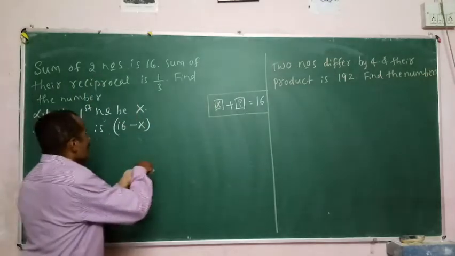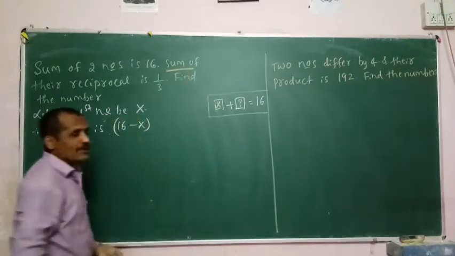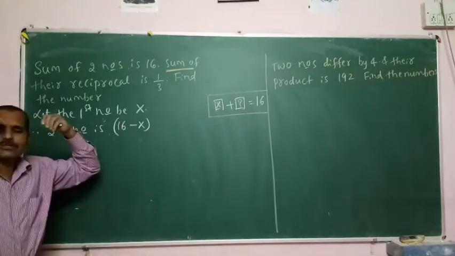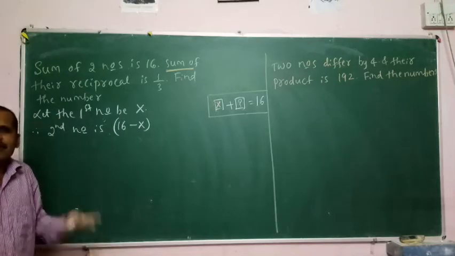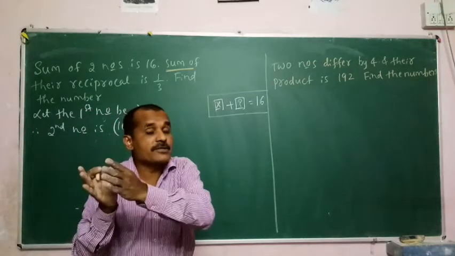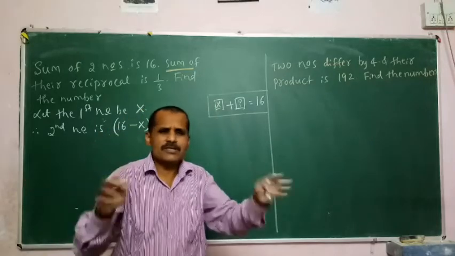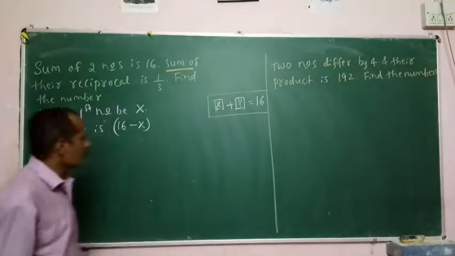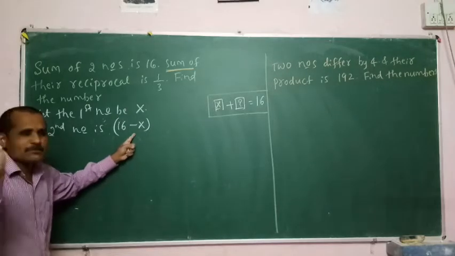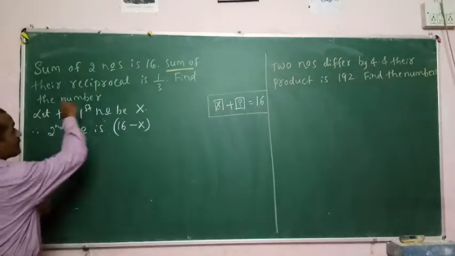But actually, when they give you the sum of the reciprocals, whether this is bigger or this is bigger makes no difference at all. Because it is addition. In subtraction, you should always find bigger number minus smaller number. In addition, whichever comes first, whichever comes next, that makes no difference. So, no need to bother which is greater or which is smaller. Absolutely not required. Sum of the reciprocals.